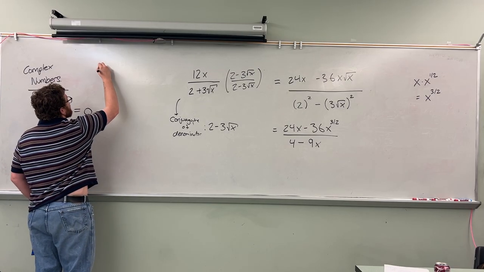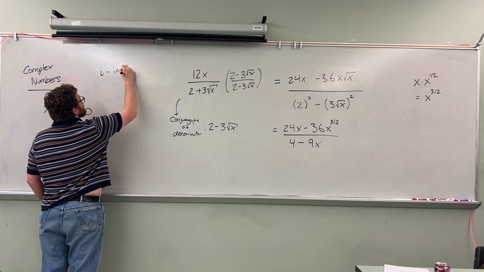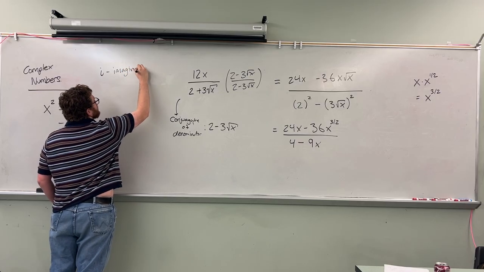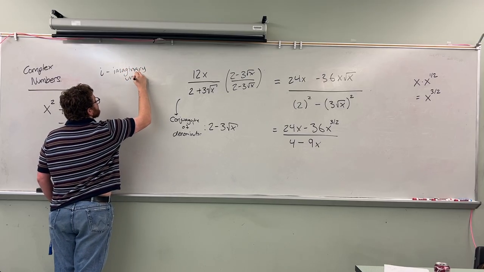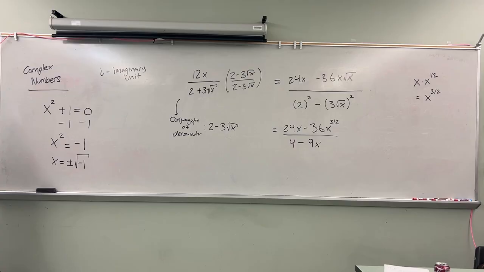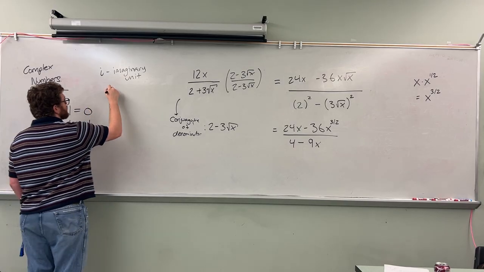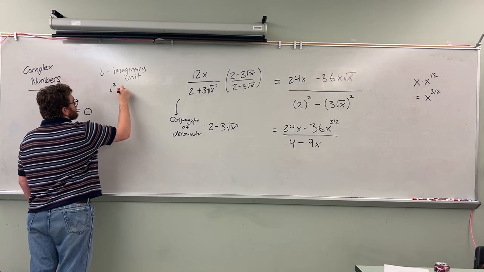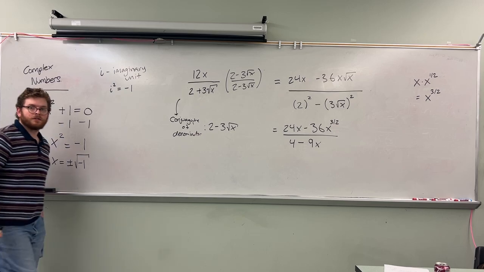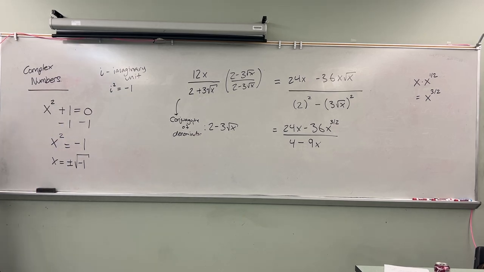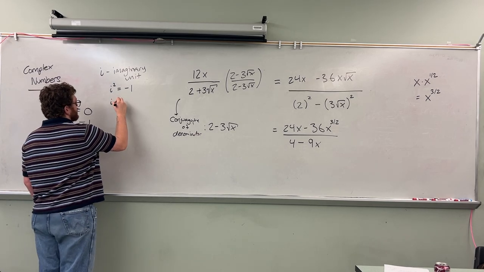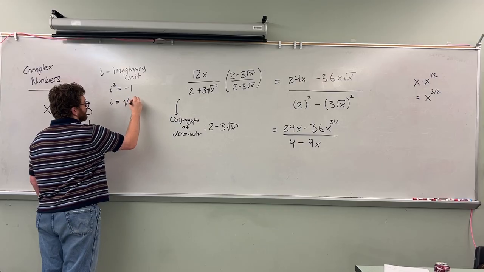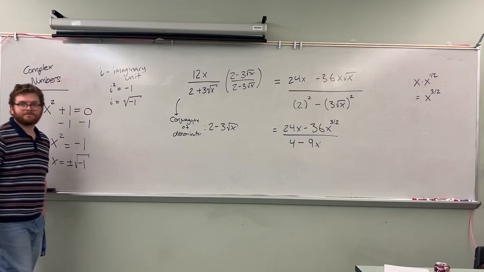We write i, this is the imaginary unit. And it is the number such that i squared equals -1. Or i equals the square root of -1.